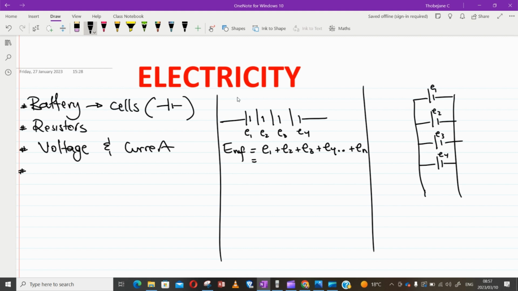Or alternatively, you can just say E multiplied by N. Because in most cases the voltage across the first cell will be equal to the voltage across the second cell, equal to the voltage across each of the cells present. So by simply multiplying the voltage of each cell by the number of cells, you get the total EMF present in that circuit.